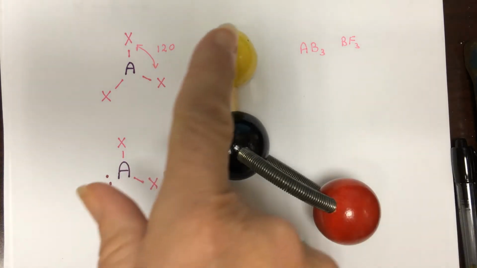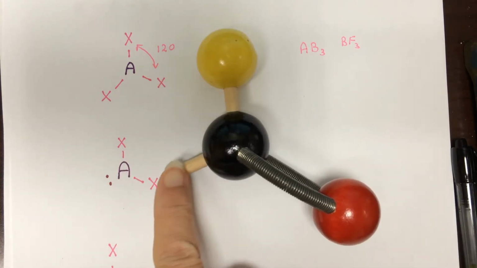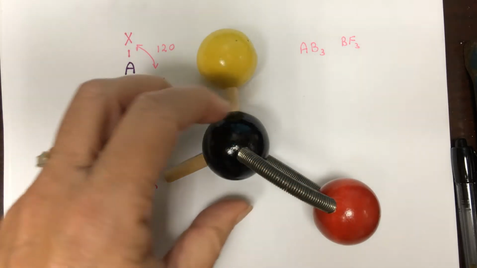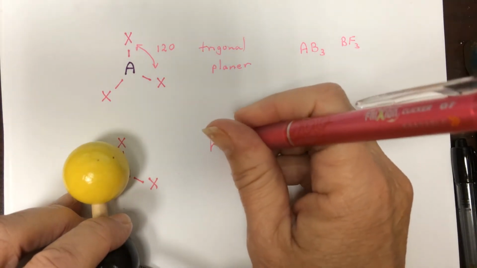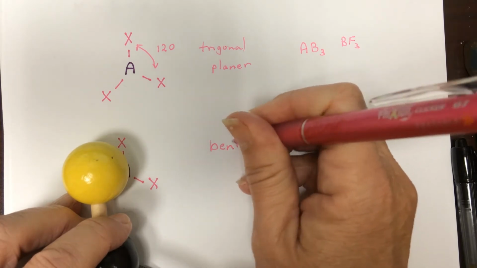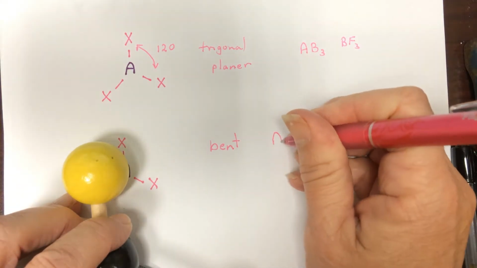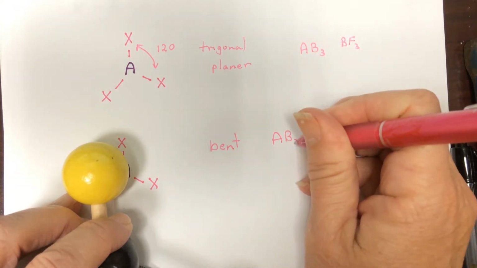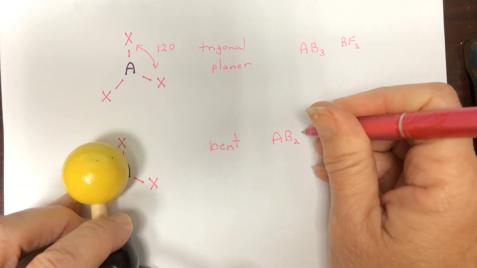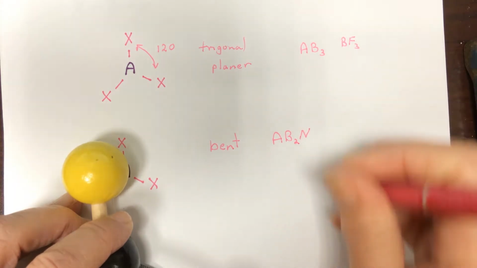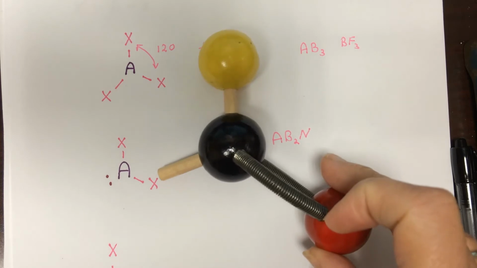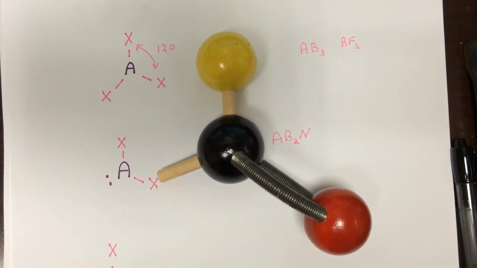We don't see the lone pair, so the shape is bent. Our notation is a central atom, two bonded atoms, and one non-bonding lone pair. And that's a bent shape.